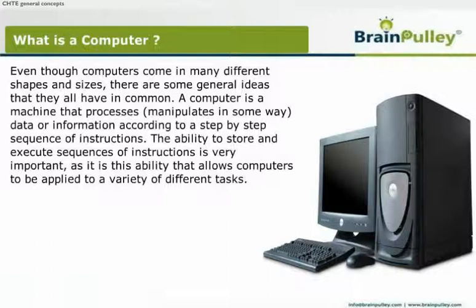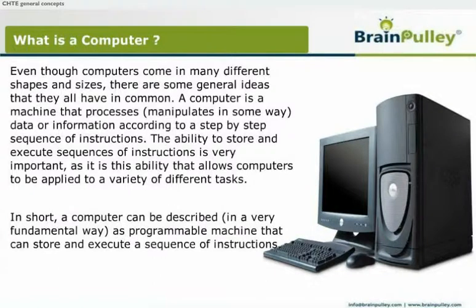The ability to store and execute sequences of instructions is very important, as it is this ability that allows computers to be applied to a variety of different tasks. In short, a computer can be described in a very fundamental way as a programmable machine that can store and execute a sequence of instructions.